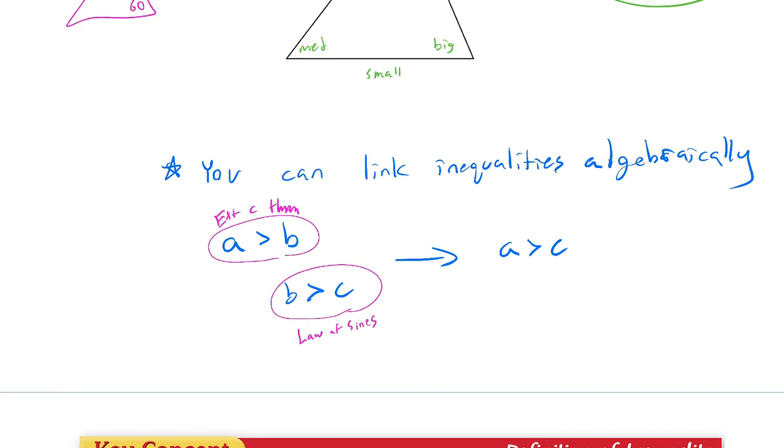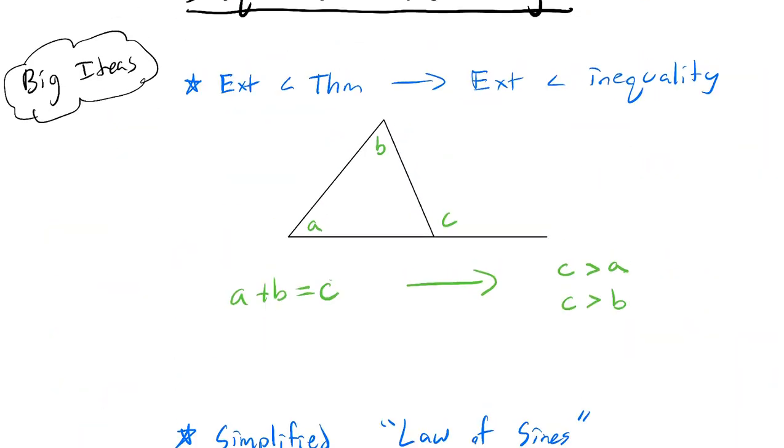Then you can say, well, if A is bigger than B, right? So you're on the number line and you're saying here's B, and so A is bigger, so it's on this side, and B is bigger than C, so C is on this side. Well, that means A is bigger than C. That's actually the transitive property of inequality, which I'm going to mention right down below. But that's the big picture here, okay?